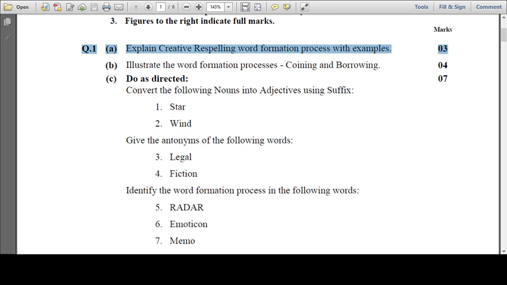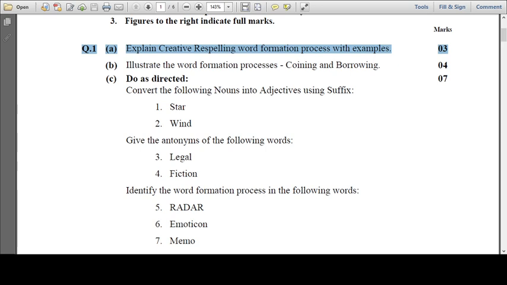You may have seen this kind of creative respelling, for example in our WhatsApp language. Instead of writing 'because', we generally write 'bcos', which is also a kind of creative respelling.